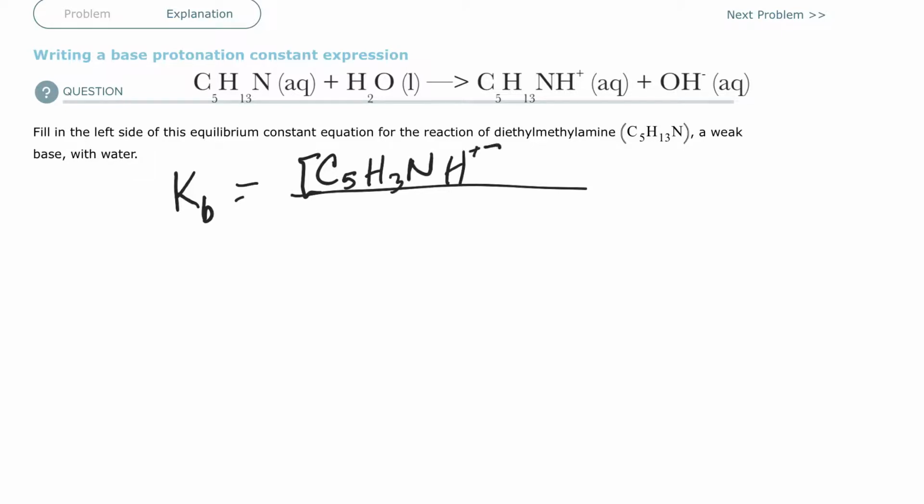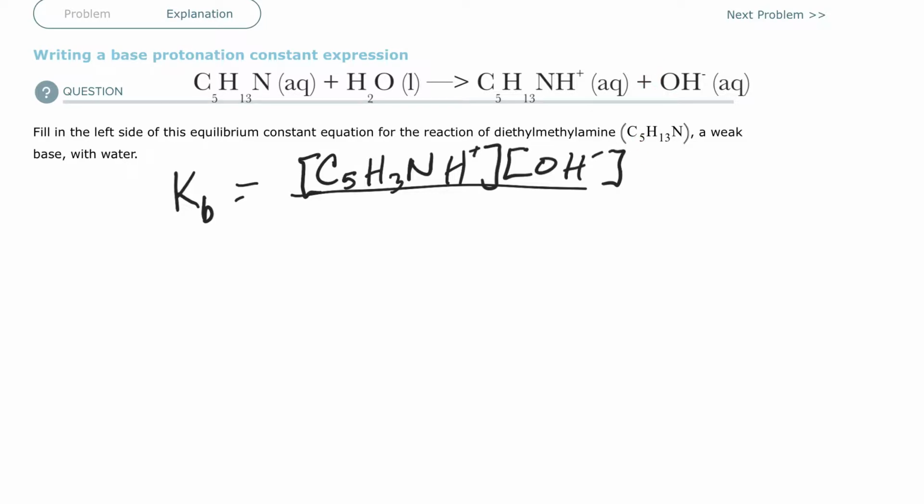C5H13NH plus, raised to the power of the coefficient. So here's a coefficient of 1, so this will be raised to the power of 1, so I don't have to do anything. Then the next one that you find on the right is the hydroxide, OH minus. It's also raised to the coefficient, so I have a coefficient of 1, so it's going to be raised to the 1.